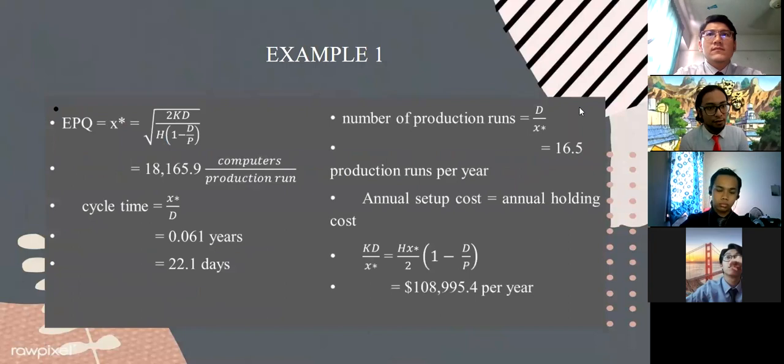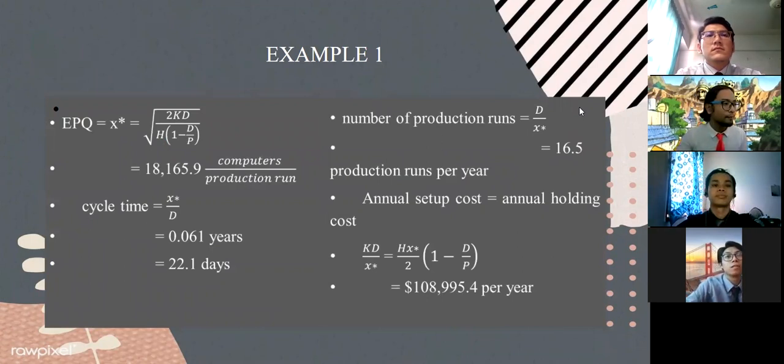Okay, so the formula is EPQ, or we call it X star, equal to square root of 2KD over H bracket 1 minus D over P. So 2 is the constant, and for K we put inside all of the variables that have been listed out. The answer is 18,195.9. So the cycle time is equal to EPQ divided by the production rate.